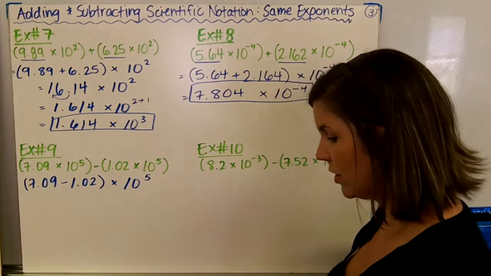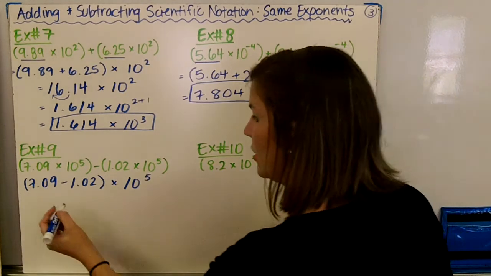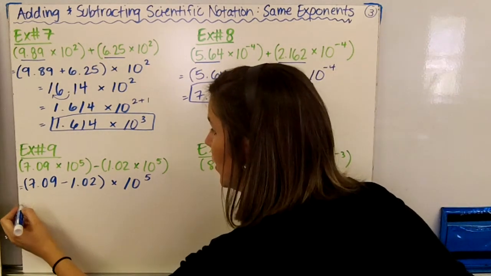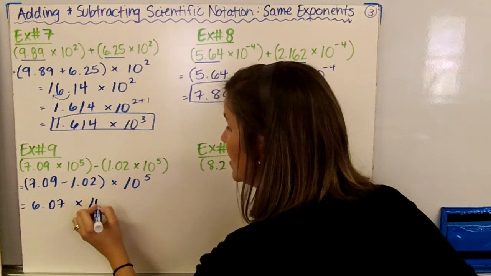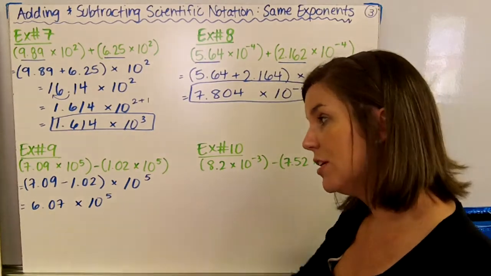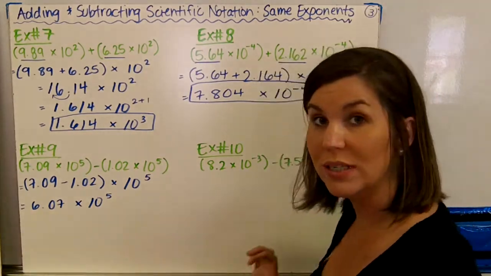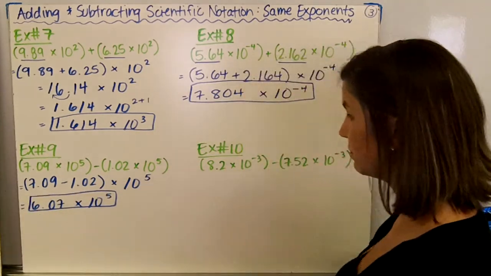Type this in your calculator, 7.09 subtract 1.02, and you should get 6.07 times 10 to the 5th power. Check to make sure your number is in scientific notation. It is. There's only one digit in front of the decimal, so this is the final answer.